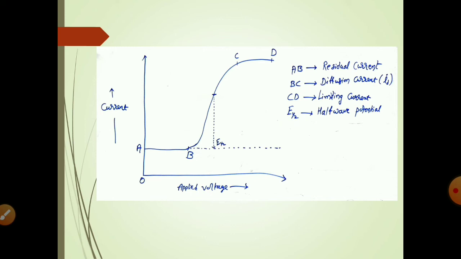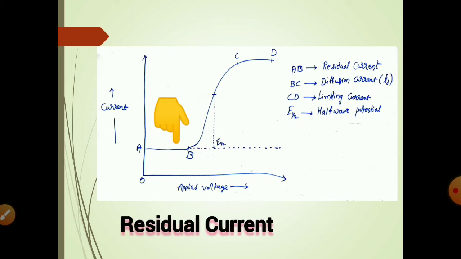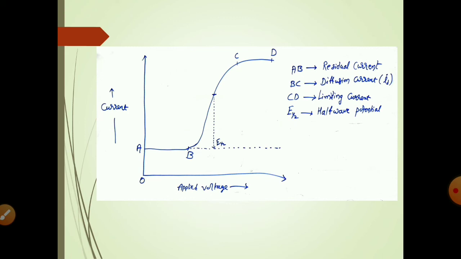It represents residual current. At the beginning of the electrolysis, the potential applied is not sufficient, so no reaction takes place at the electrode. Hence, no current flows. Even though the migration of ions of the supporting electrolyte, that is KCl, to the respective electrode produces a small current, which is called residual current.